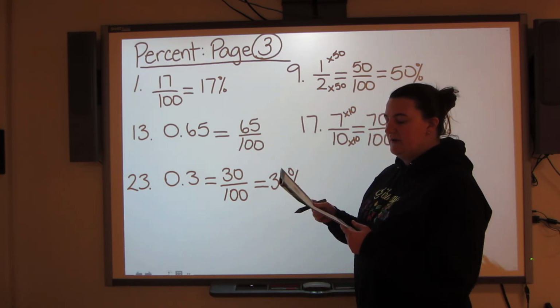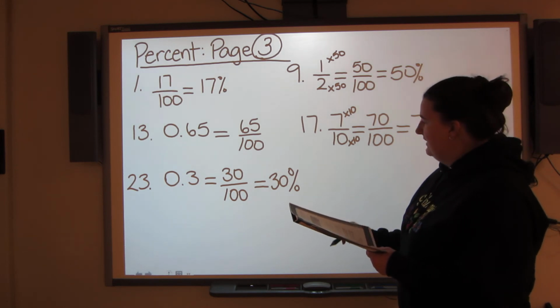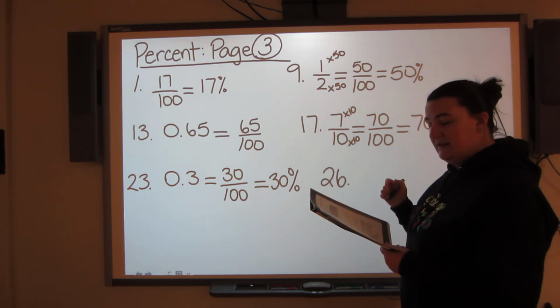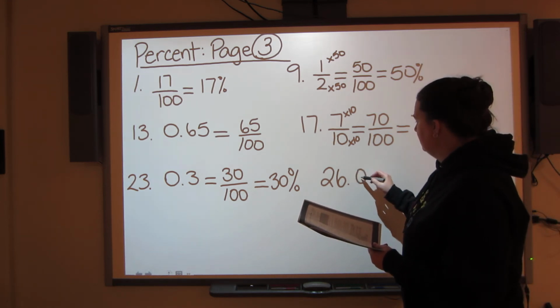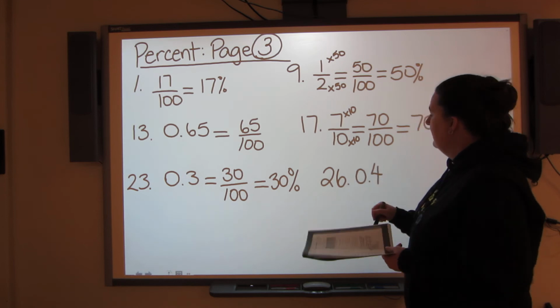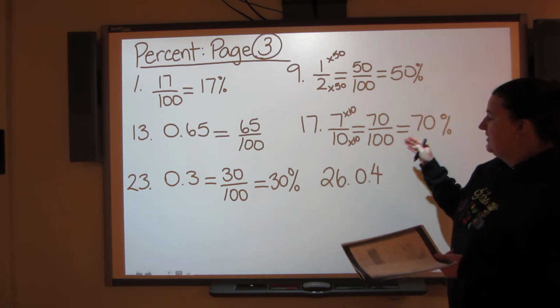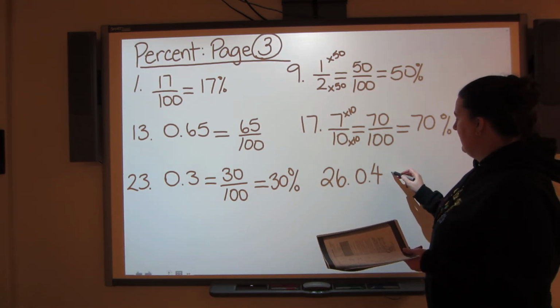So that's how you're going to do 23, 24, and 25. And now let's talk about 26. For 26, write each decimal as a percent. So I have 0.4. Now remember, when you're going directly from decimals to percentages, the easiest way is powers of 10.